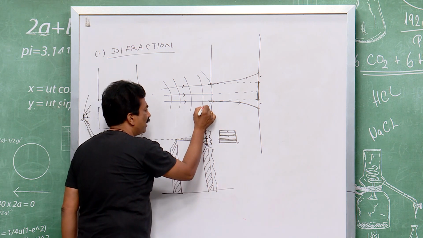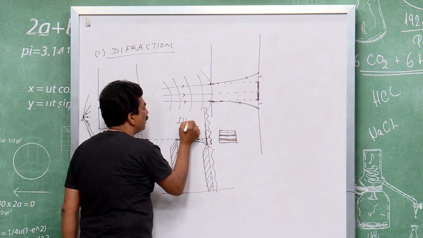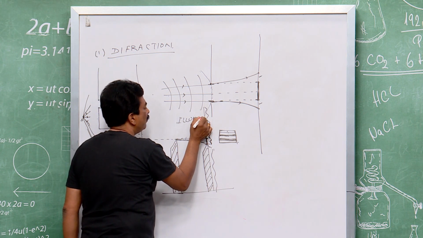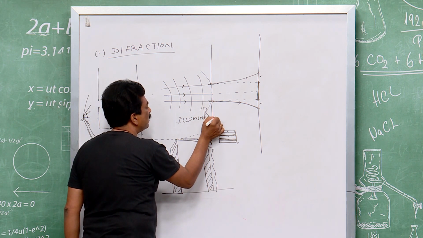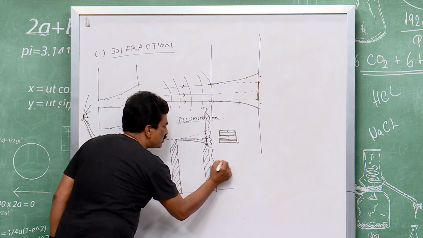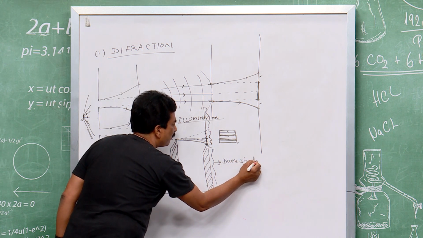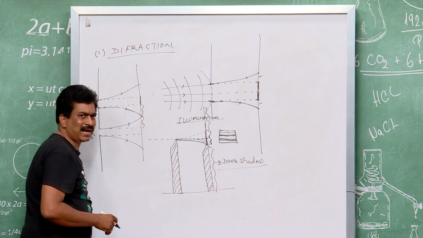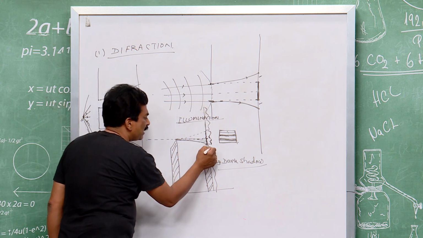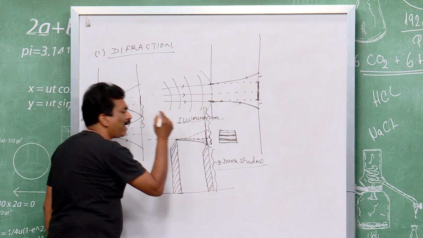After this, in this region you will get an illumination region. So this is the illumination region, and this is the dark shadow. Between the illumination and the dark shadow, the ray bends.